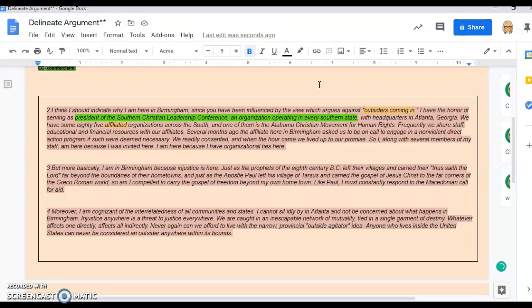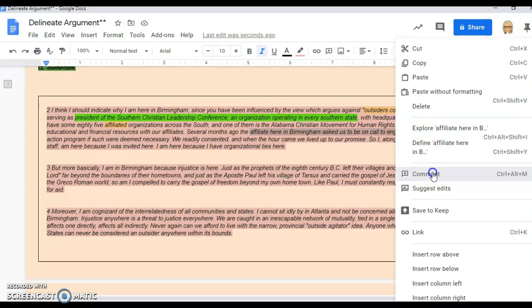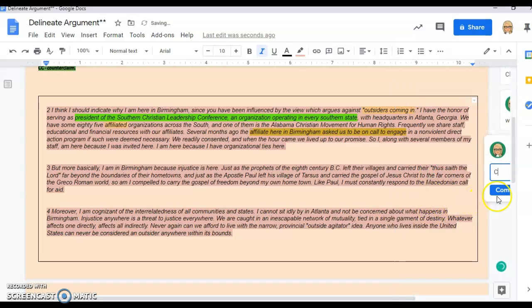85 affiliated organizations across the South. One of them is Alabama Christian Movement. It looks like the affiliate here in Birmingham asked us to be on call and engage. So that could be another claim. We'll put a C comment there. "We readily consented. When the hour came, we lived up to our promise.